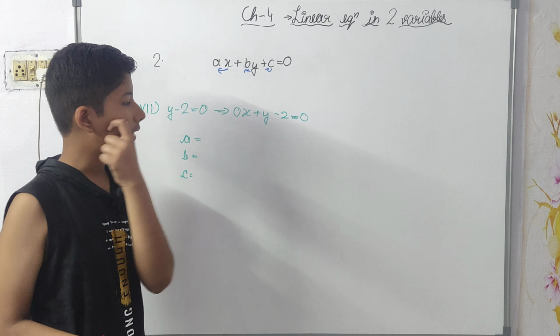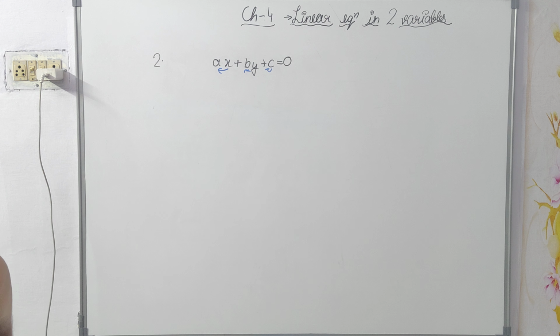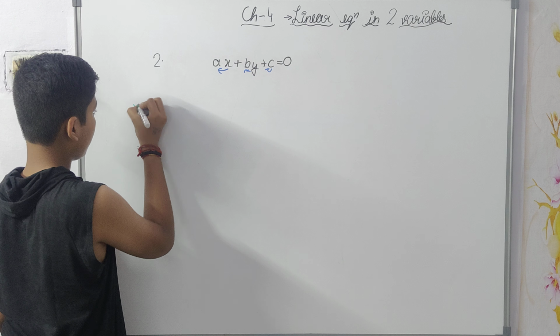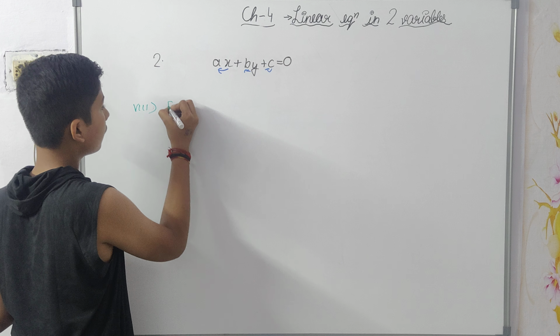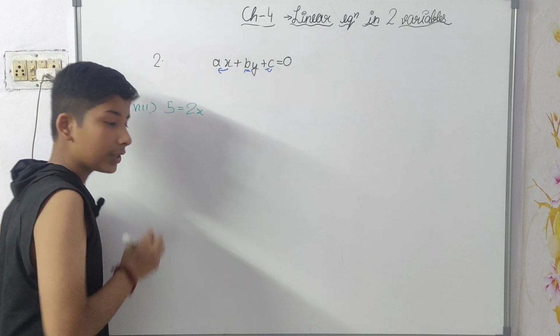Now last and final question, which is our eighth question. 5 equals 2x. 2x will go there, so it will be minus 2x plus 5 equals 0.